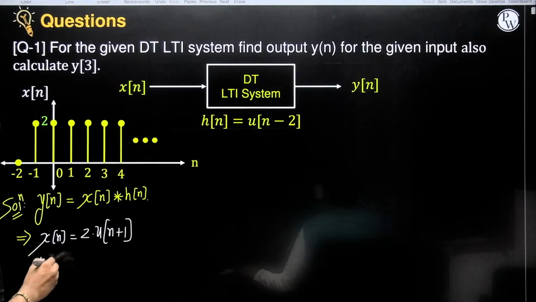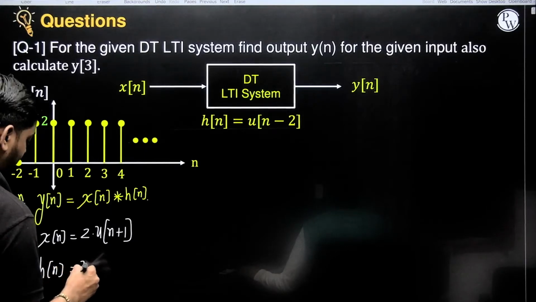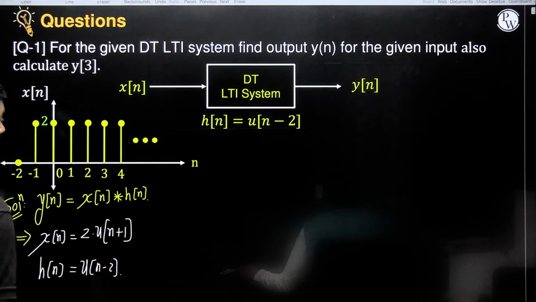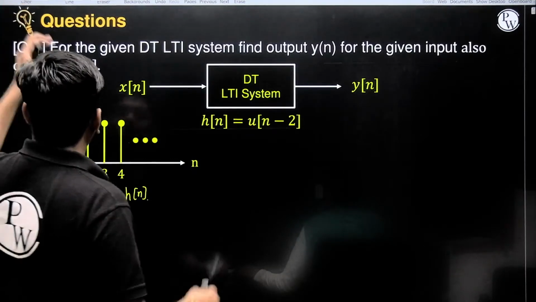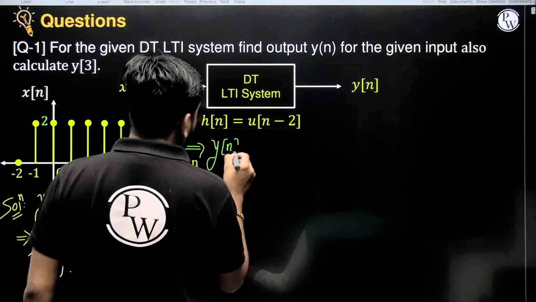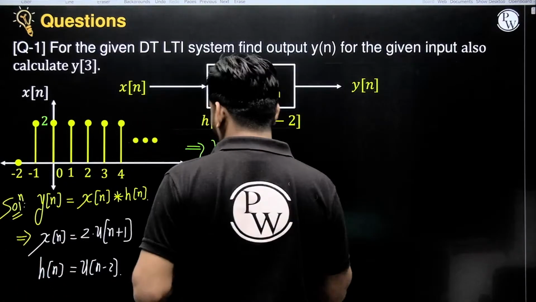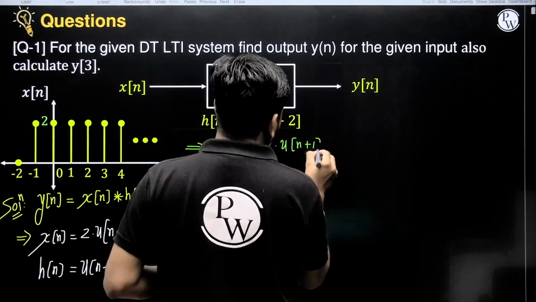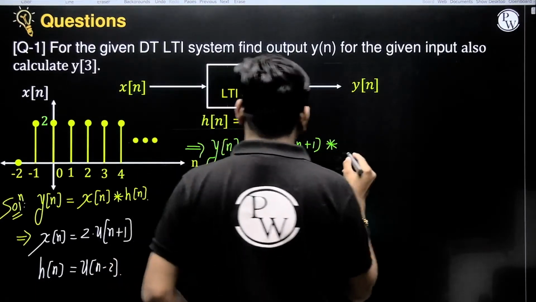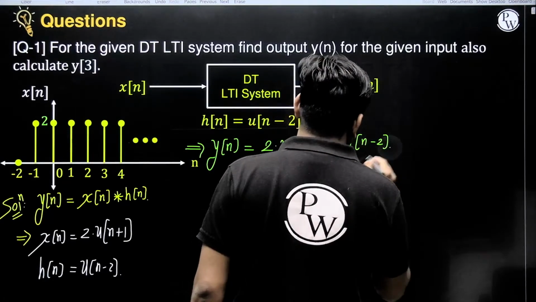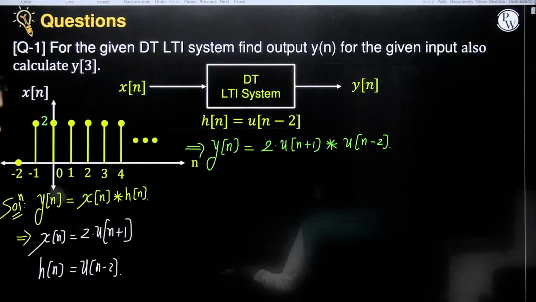h of n is given in the question: u of n minus 2. We know that y of n is x of n convolution h of n. x of n is 2 u of n plus 1, convolution with h of n, which is u of n minus 2, correct?